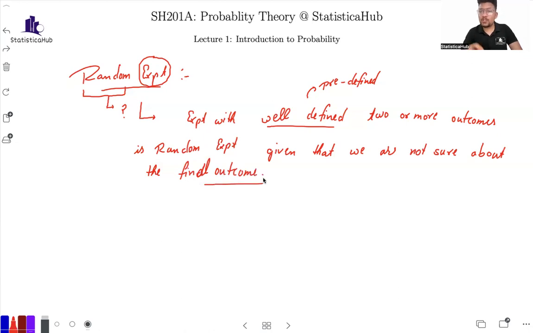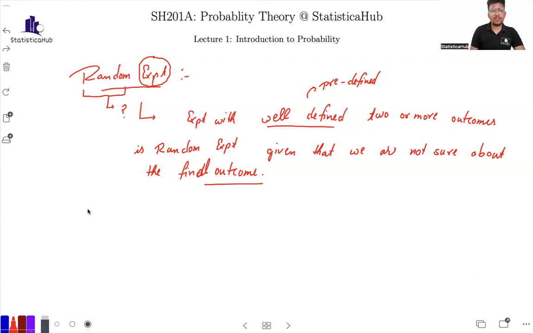Like in the case of coin tossing, you know there can be head, there can be tail, but you are not sure which will be the final outcome. So this is some sort of experiment that is known as random experiment.